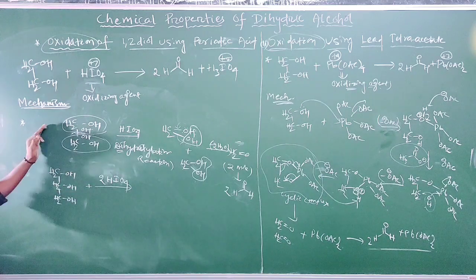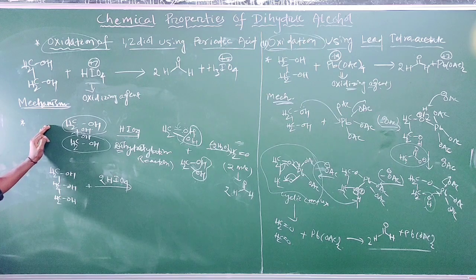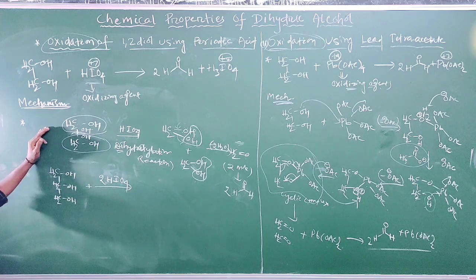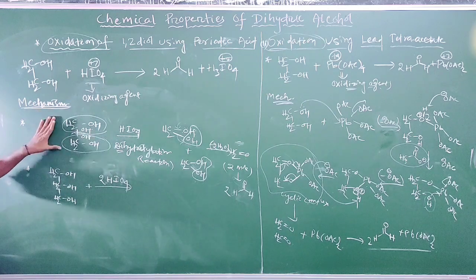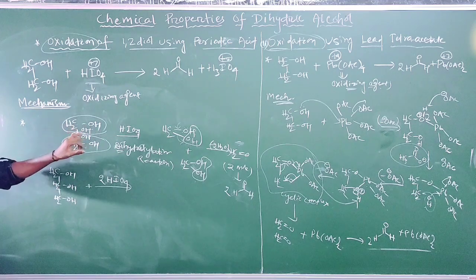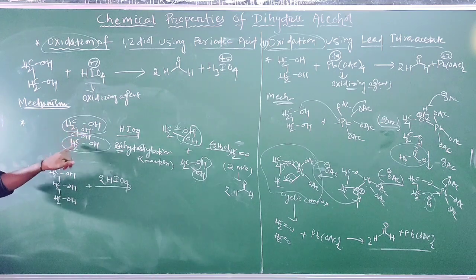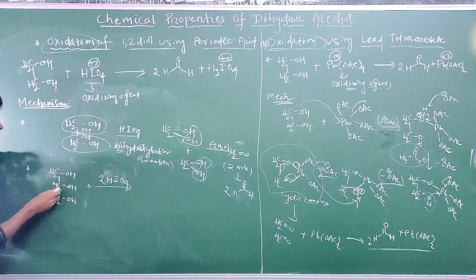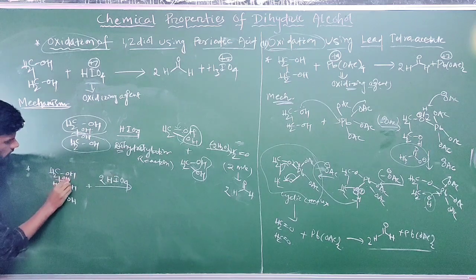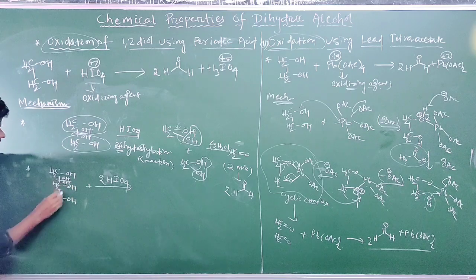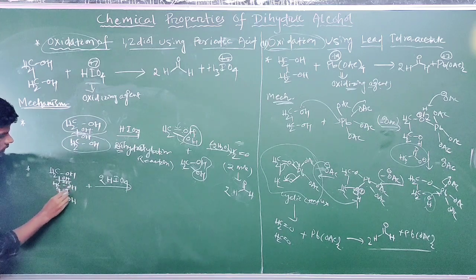By doing the proper mechanism, it will take time. To save your time in the entrance examination, you can use this short trick, the addition of hydroxyl groups on both sides of the bond, the dihydroxylation step. If this bond breaks, and if this bond breaks, one OH goes on this side and another OH on this side.